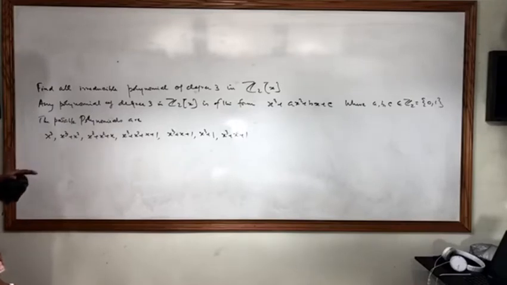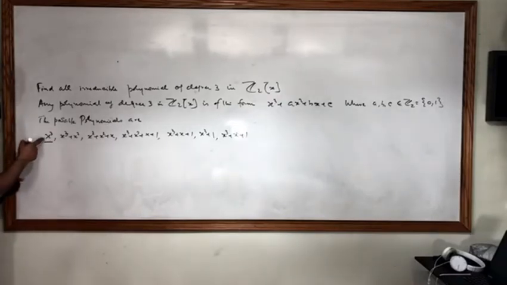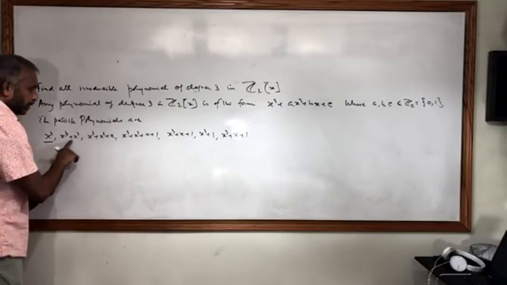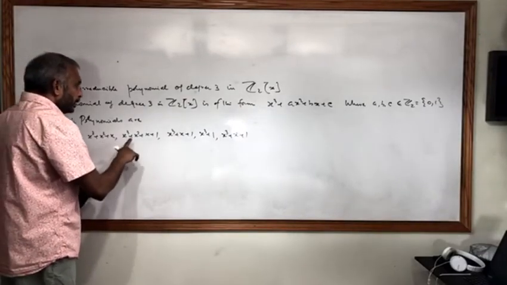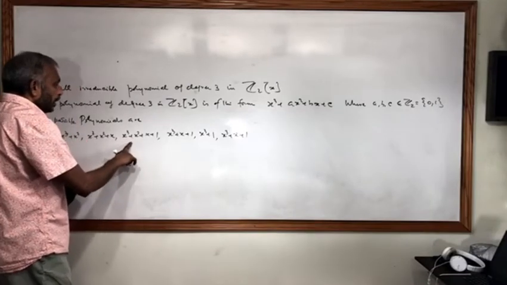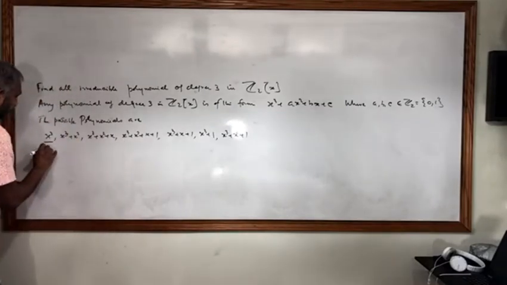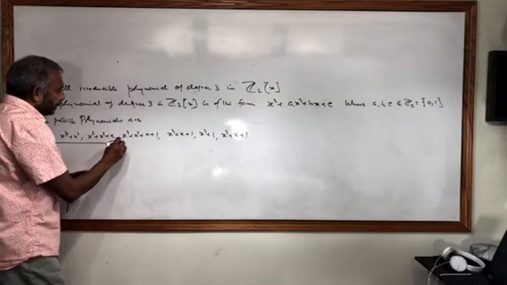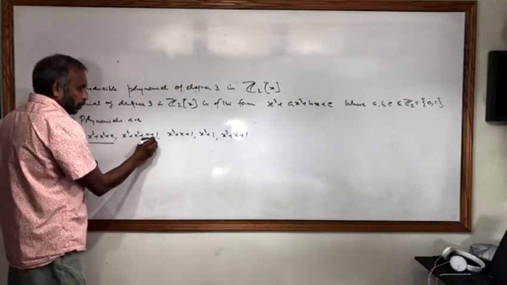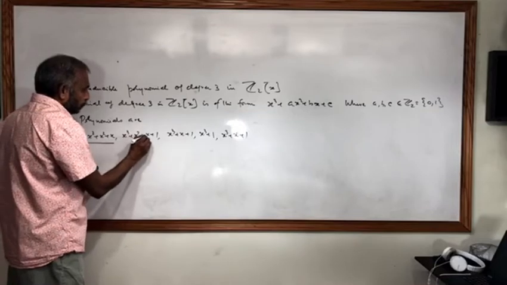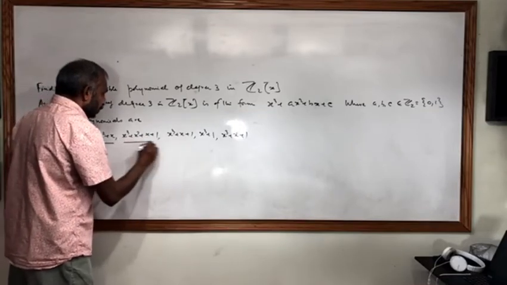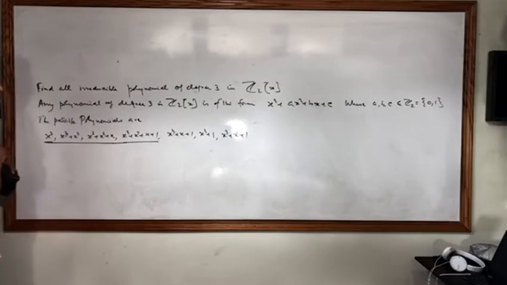That's it, right? So here this is definitely a reducible polynomial because f(0) is 0, here also f(0) is 0, here also f(0) is 0. This one, if you put 0, so this is not irreducible. So these are not irreducible. Here this one, if you put 0, it is not 0. But if it is 1, 1 plus 1 plus 1 plus 1, so this is 0. So this is also not irreducible. These are all reducible.